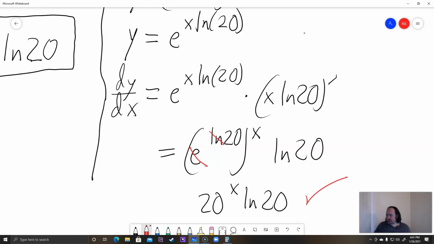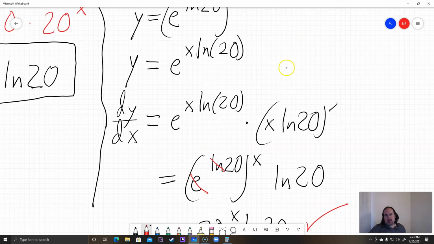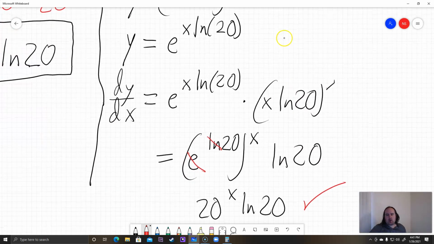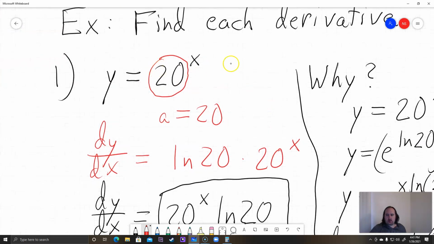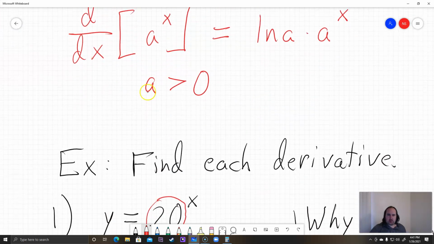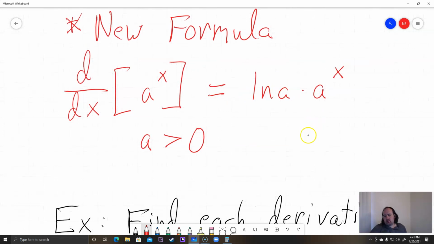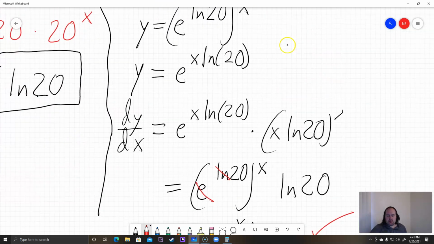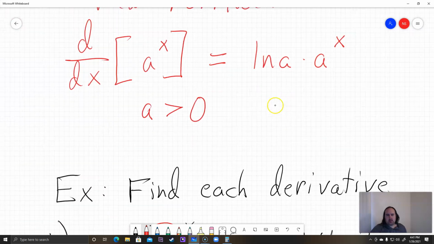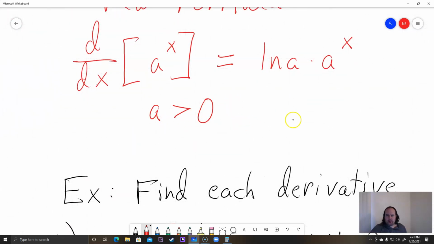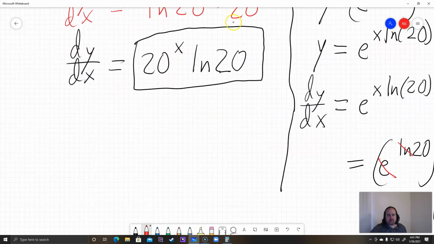And that's what we got. But of course, as usual in math, the reason why things work is a lot longer than just using the formula. So that's why I usually just cover the formula. So here we've got our new formula, and now you can kind of see why it's true. And you can do this in general for a, where a is any number that's greater than 0. Okay? Cool.